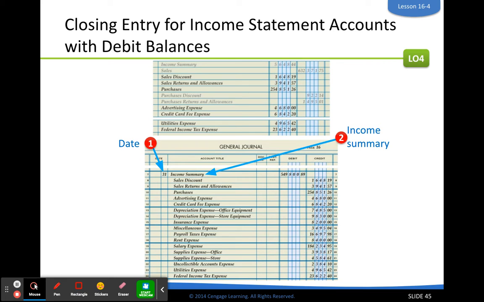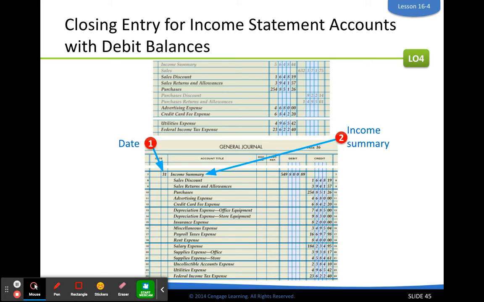Again, we are going to debit income summary and credit all of the accounts which have a debit balance. So if it has a debit balance in the adjusted trial balance and it's included on the income statement, then we need to close it out. So on the adjusted trial balance, that's everything below income summary.